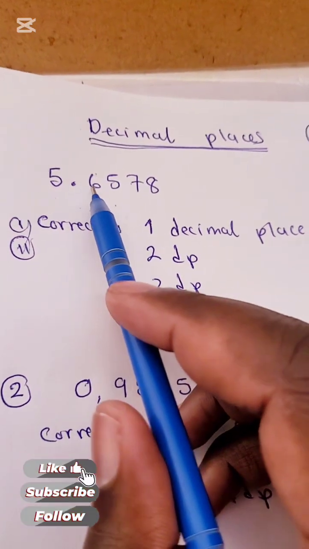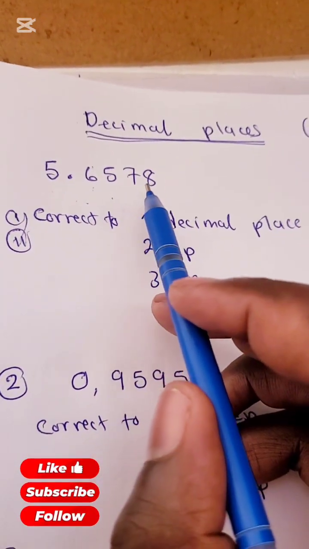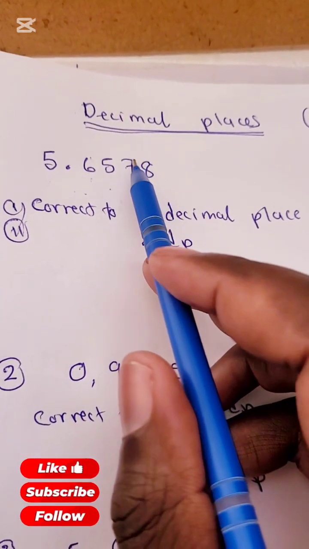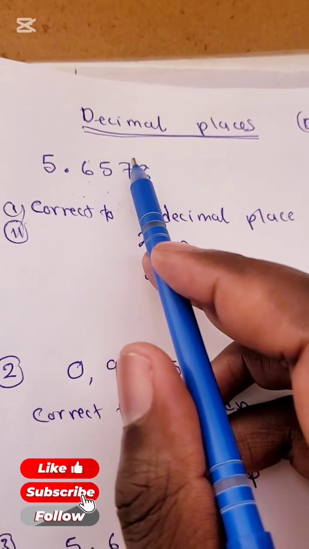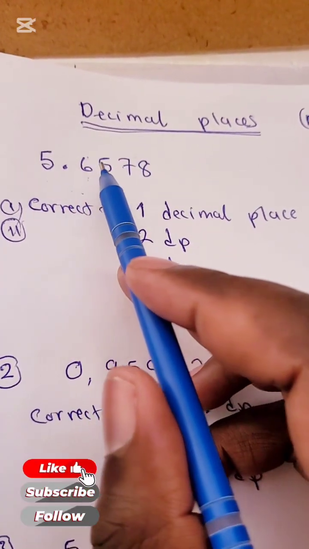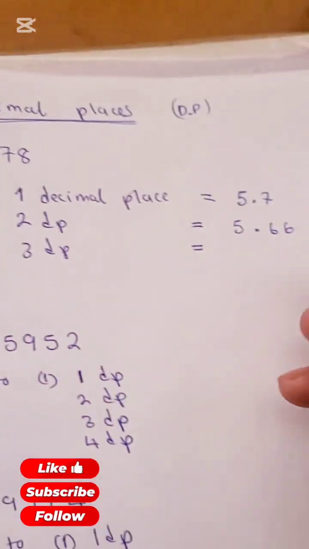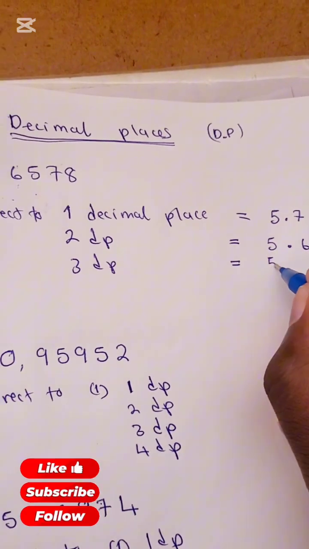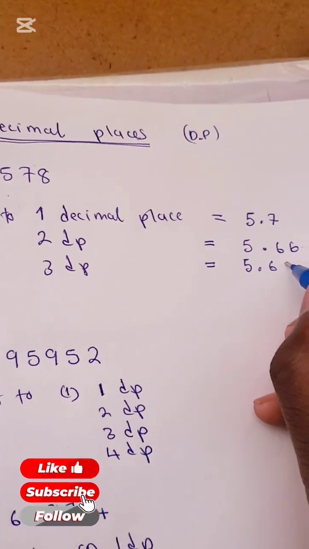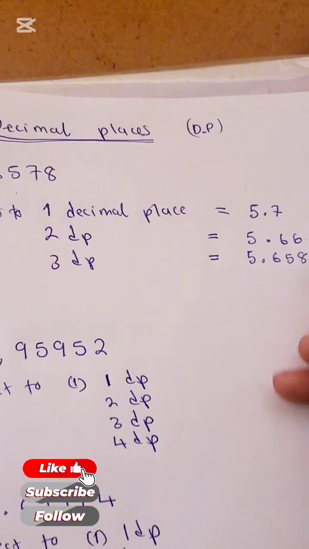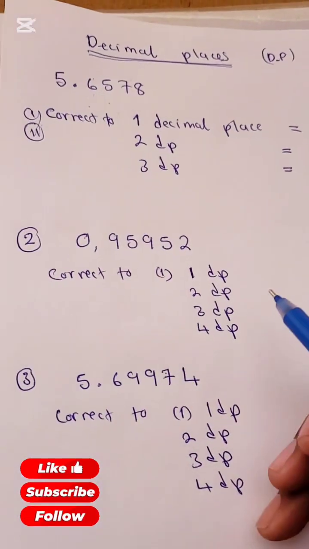Three decimal places, 1, 2, 3. Then we look at 8. 8 is 5 and above, so we add 1 to become 8. So it would be 5.658.